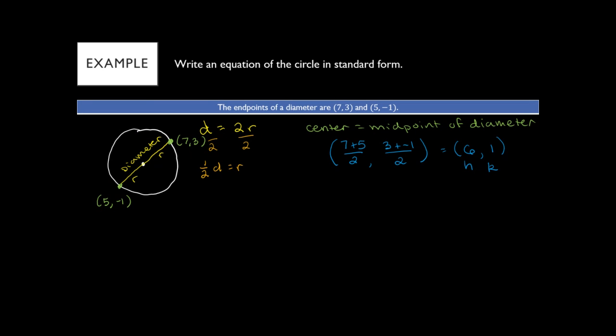So I could go and square both sides to figure out r squared. If you square 1/2, 1/2 times 1/2 is 1/4. So 1/2 the diameter squared is equal to r squared, and we need r squared for our formula.